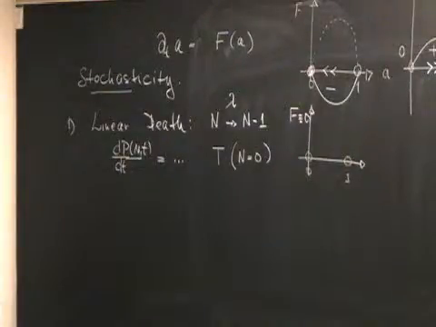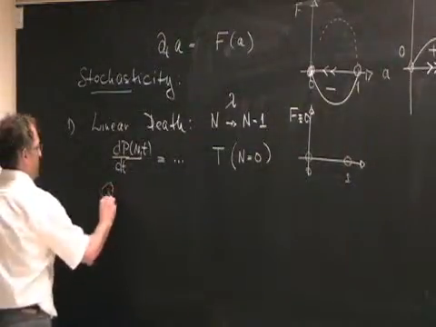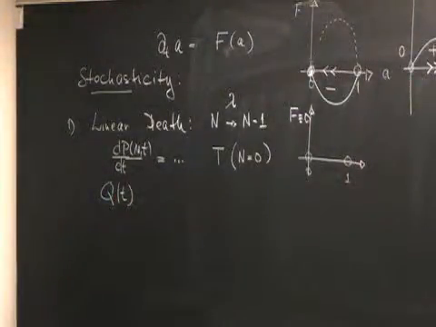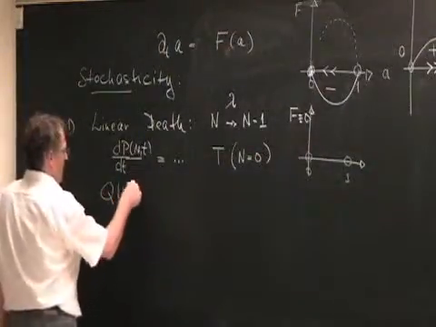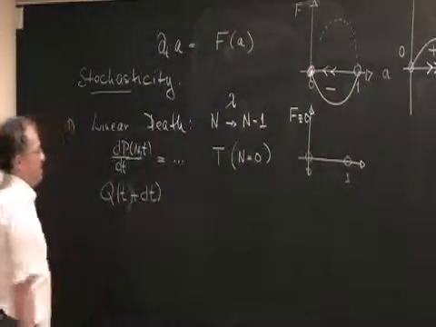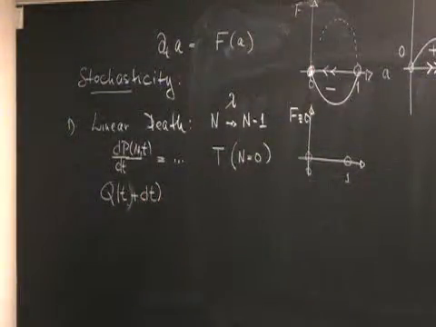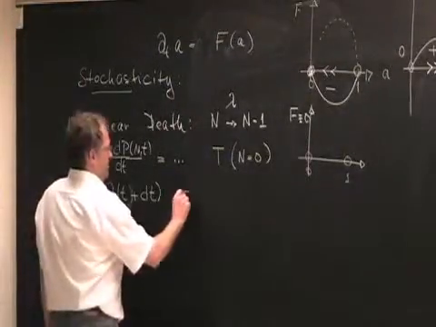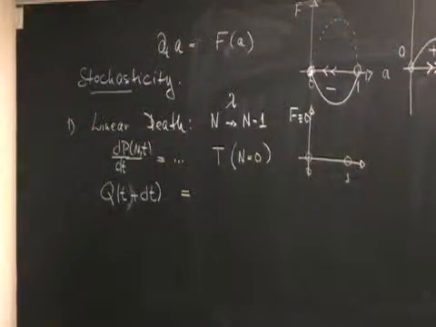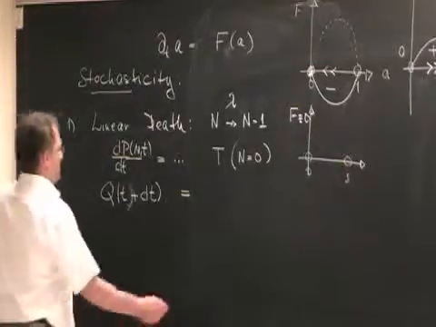Well, define a quantity q of t, which is the probability that a given individual at time t is alive. For that quantity, I can look at the probability that this individual is still alive at some time later, at time t plus dt. The equation for that is clear. This is a Markov process. So the individual has to be alive at time t. That's q of t.